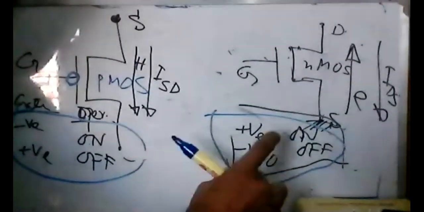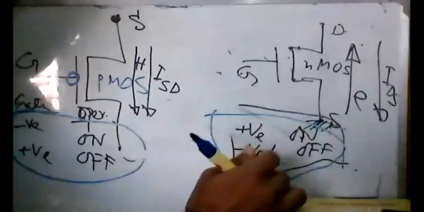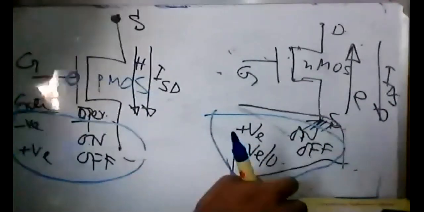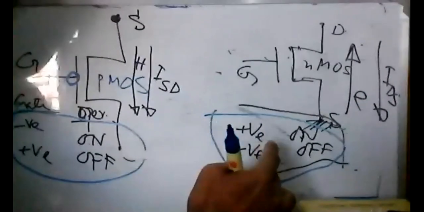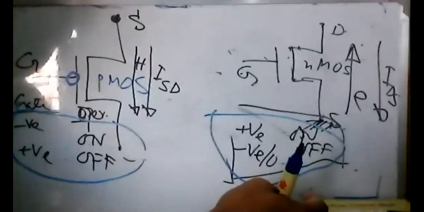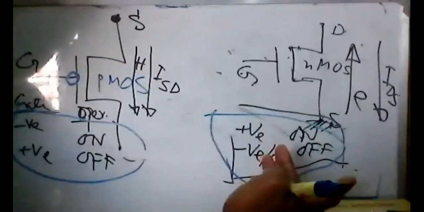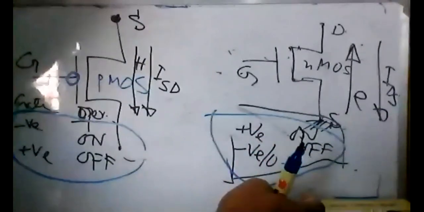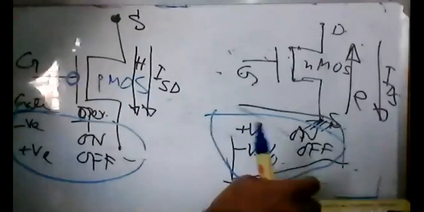So you see, now these two are vice versa. That's why we call it complementary, right? That means if one is on, the other will be off. Any question so far?